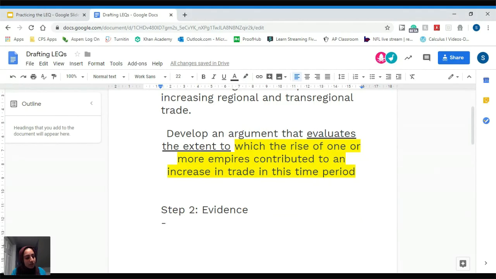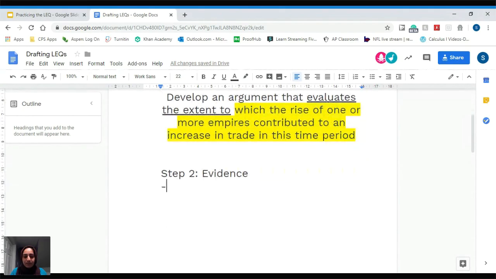European, Asian, all of that. Yes, limited trade. The Han, yes, the Han was a major empire in this time period.